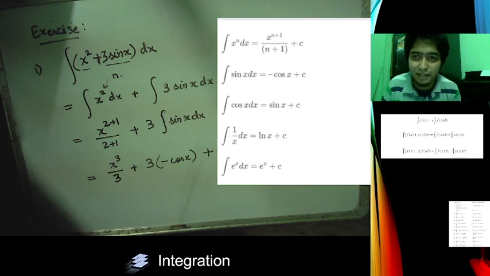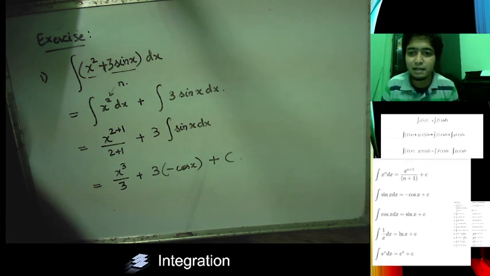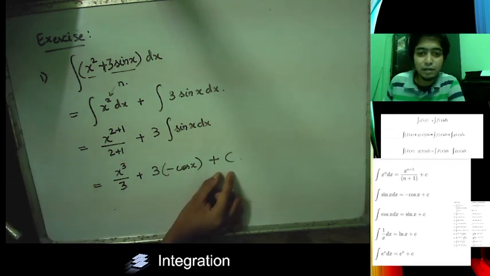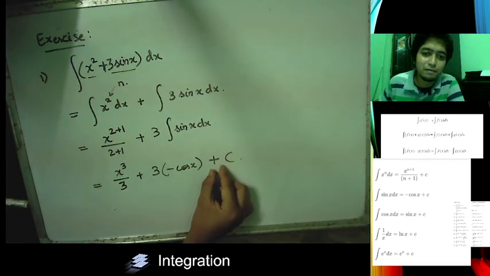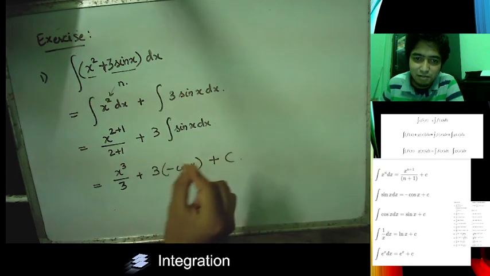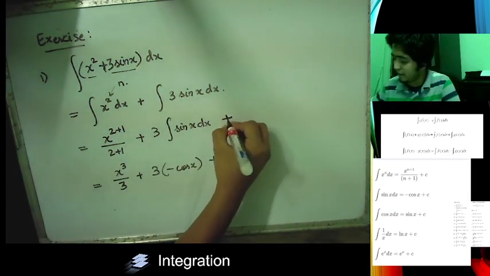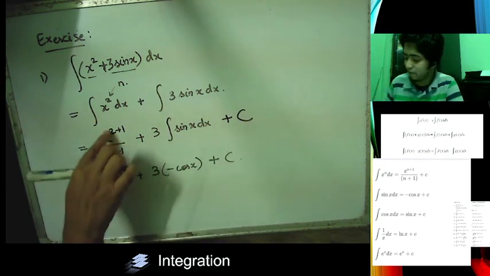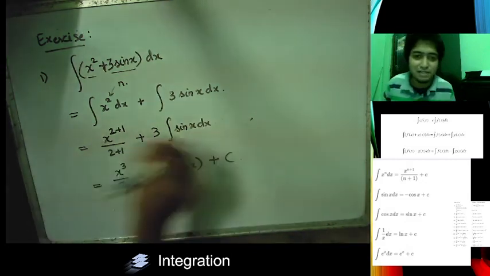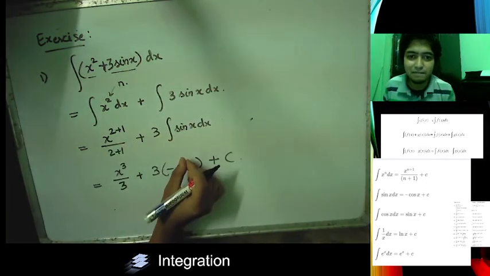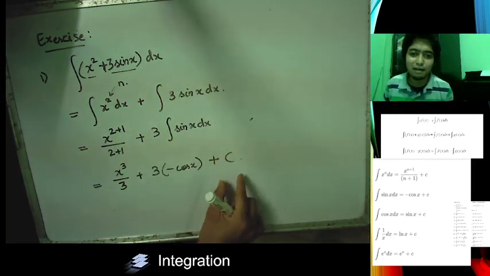You must remember that in indefinite integration we will always require that constant, and you should write it down whenever there is no longer an integral sign. Over here I could easily write plus c from this first integration, but I will stick to what I just said: when there is no longer an integral sign, that is when I write plus c.